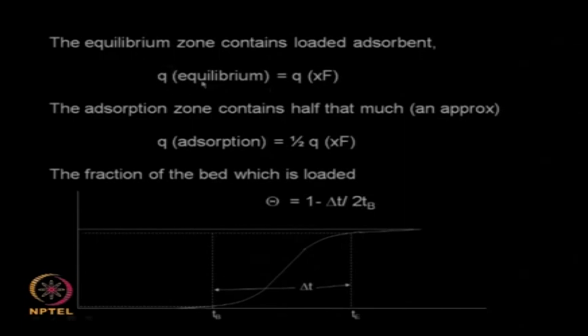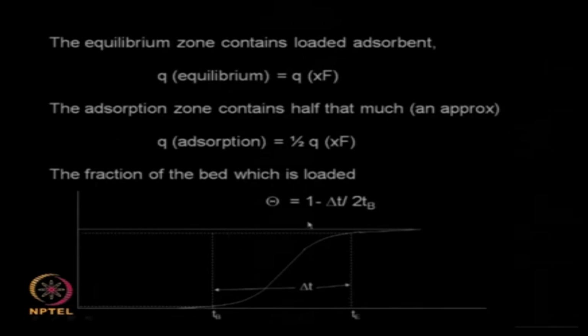One is the Q at equilibrium is given by Q into XF, and the adsorption zone contains half that much, because we assume that this particular rectangular area is divided approximately by half by this relation. So we can take this is equal to this, or this into 2 will be equal to this.